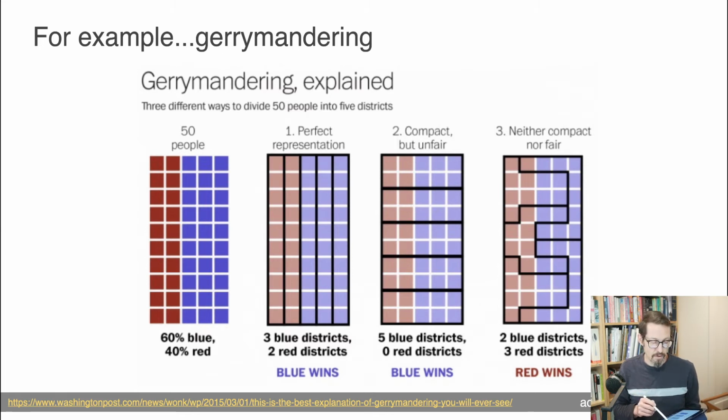By doing that 3 times, we get 3 red districts that are always going to be red. They're never going to switch over to blue because there are always 2 fewer blues than reds in there. But that leaves us with these crazy, weird tendril-looking blue districts that are highly majority blue. So blue gets its 2 districts, but red always gets the majority. This kind of weird shape is very common in gerrymandered districts.